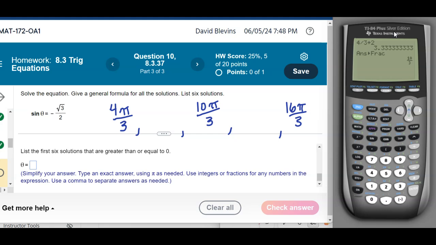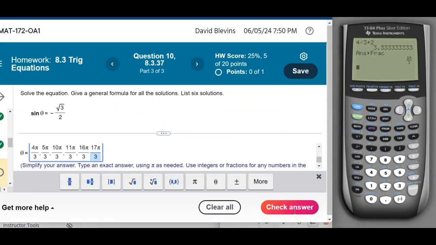Now I'm going to switch to color. Now this is 5 pi over 3. Again, I would be adding 2 pi, which is 6 pi over 3. So adding that to that, I would just be one more than the numerator, just like I was here for the next one. So I'd be at 11 pi over 3. And then the next one here would be 17 pi over 3. So there is my first 6 solutions greater than 0: 4, 5, 10, 11, 16, 17, and the pi over 3's for all those.